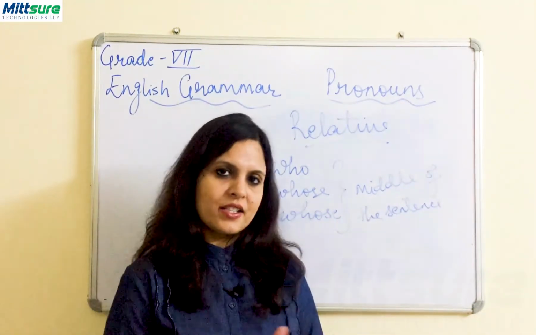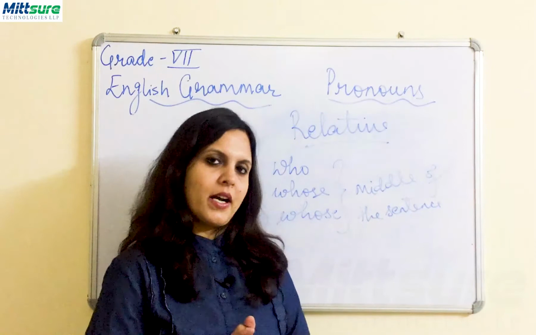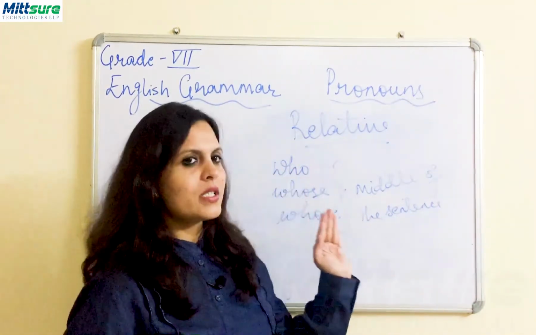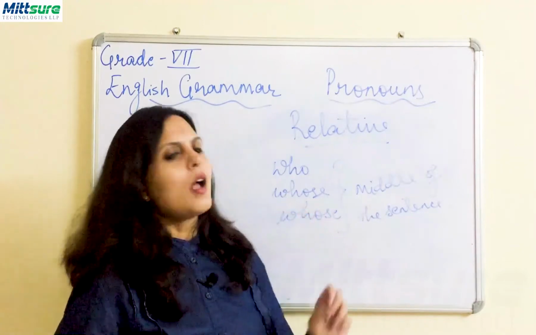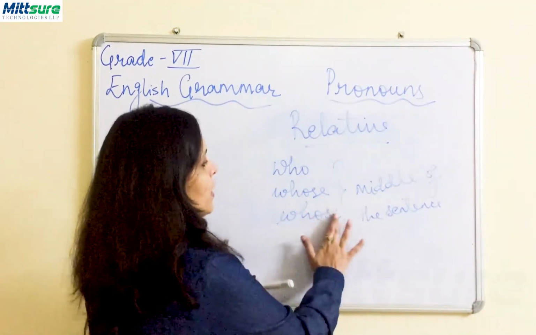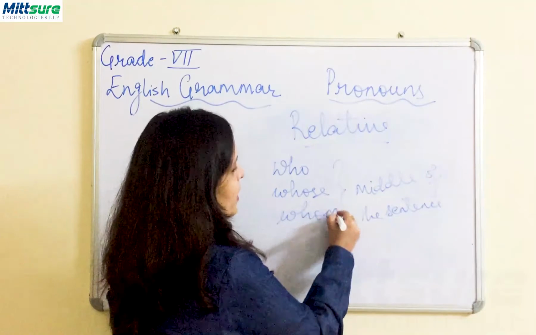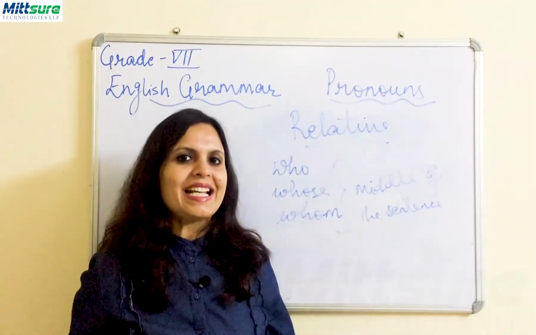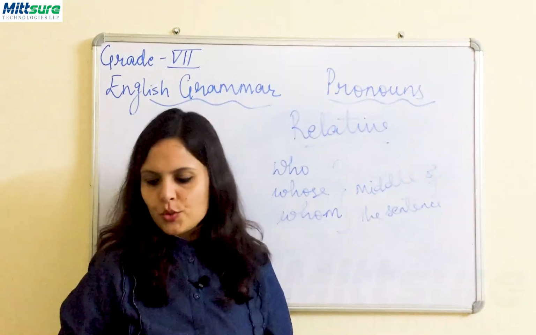So when we relate the two ideas, right, we relate with that person by using these words like who, whose, and whom. We know that these are actually the relative pronouns. And why are they relative pronouns? Because they relate between two things.